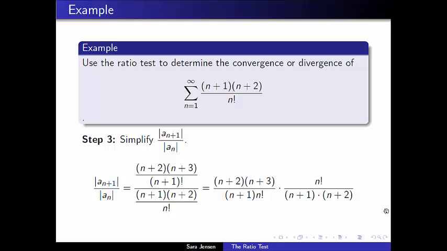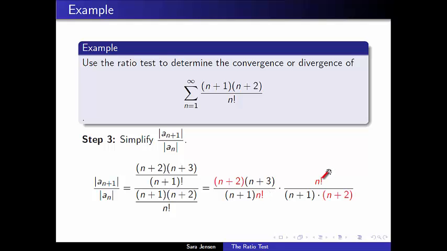And then this is the stage where I would get very happy and I would get out my red pen and highlight all of the things that are going to cancel. Here I have an n plus 2 in the numerator, and over here I have an n plus 2 in the denominator. These two terms will cancel. Similarly, I have an n factorial in the numerator over here and an n factorial in the denominator over here.